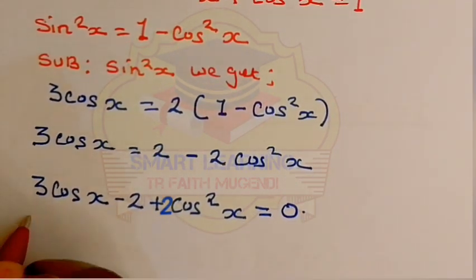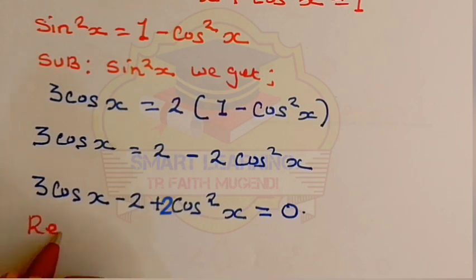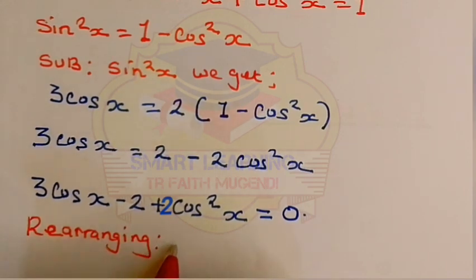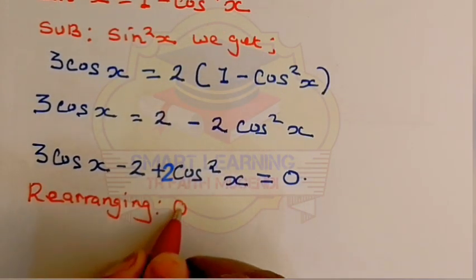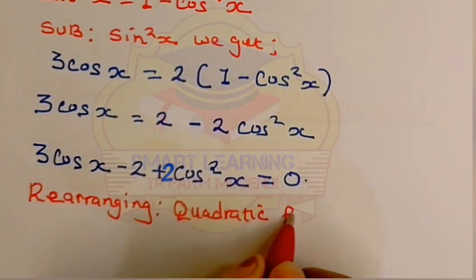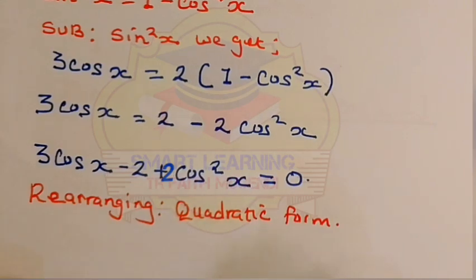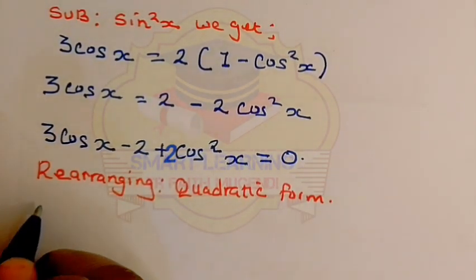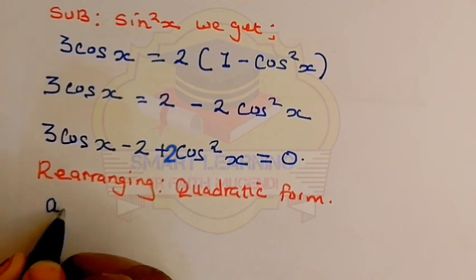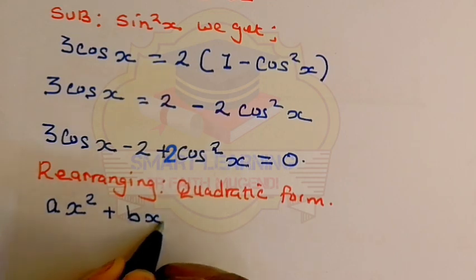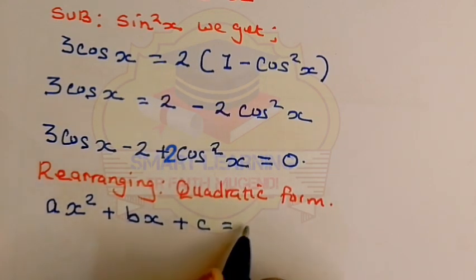So, rearranging in quadratic form, let me remind you about quadratic form. That is ax squared plus bx plus c is equivalent to 0.